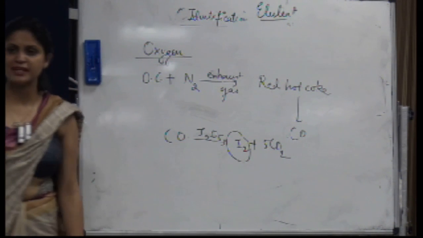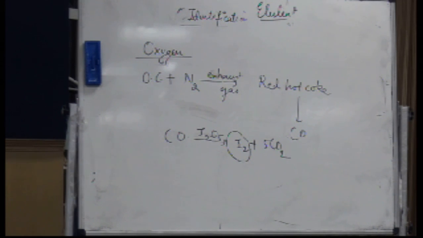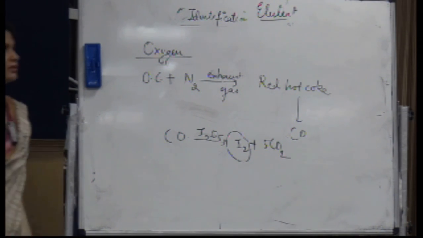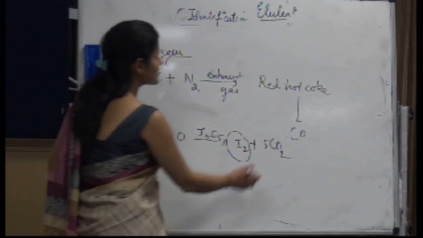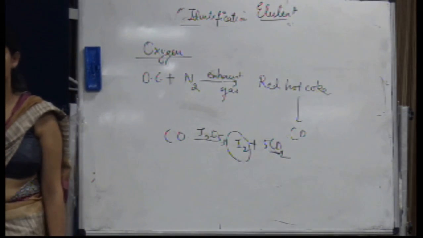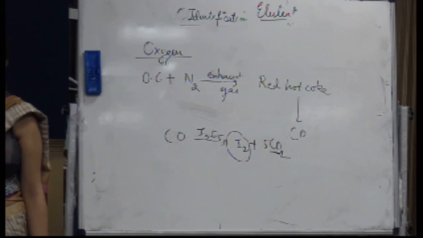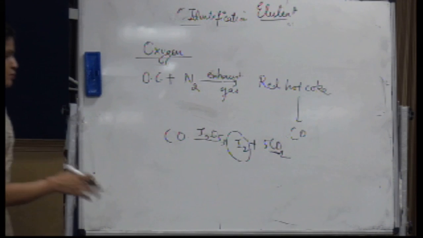How do you estimate iodine? You want to estimate carbon dioxide, but carbon dioxide is in combined form. You can also do that. You can also estimate carbon dioxide and then estimate carbon separately and then oxygen, but you can also estimate using iodine.